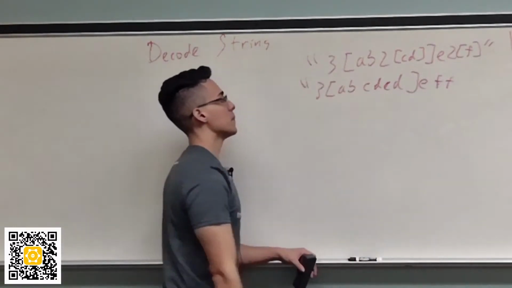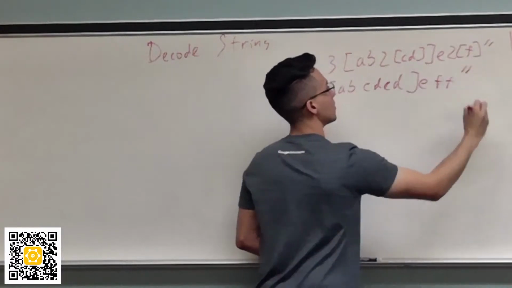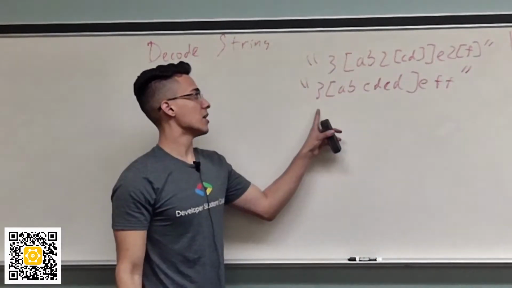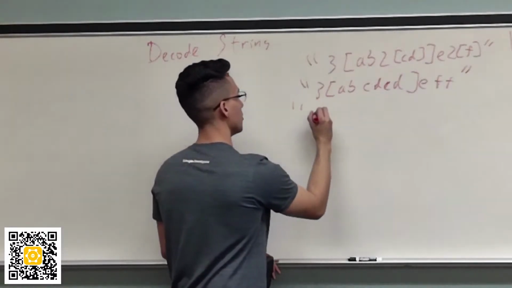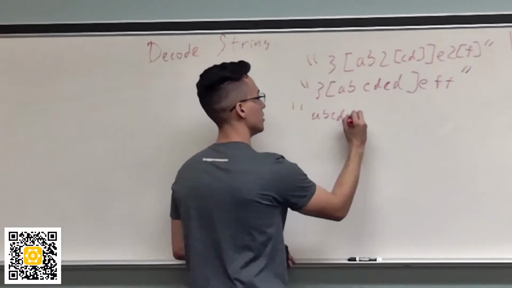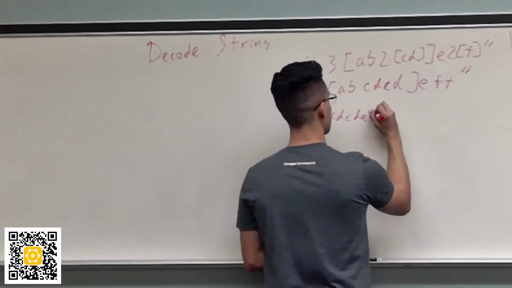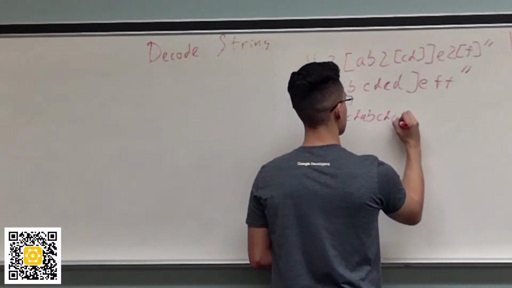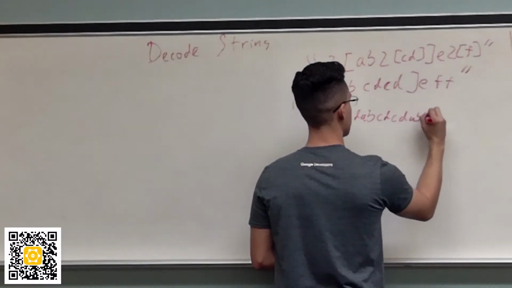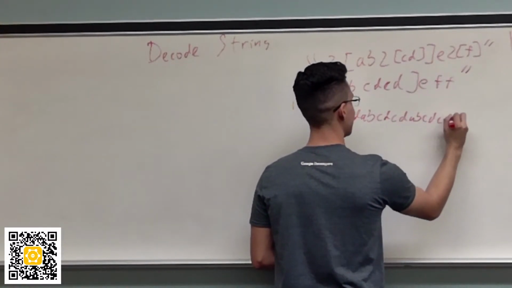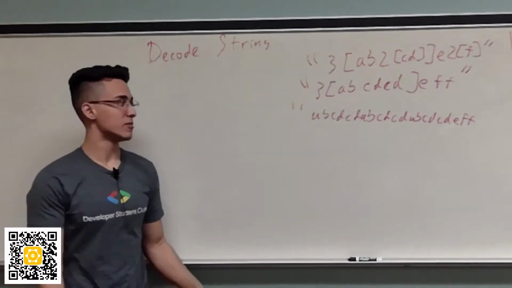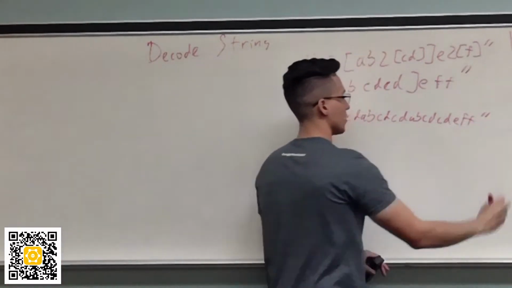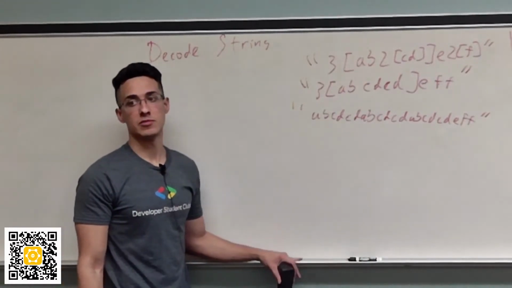So I just did that. And then we do this one, and we just put this one 3 times. A, B, C, D, C, D, A, B, C, D, C, D, A, B, C, D, C, D, F. And it gets really long.